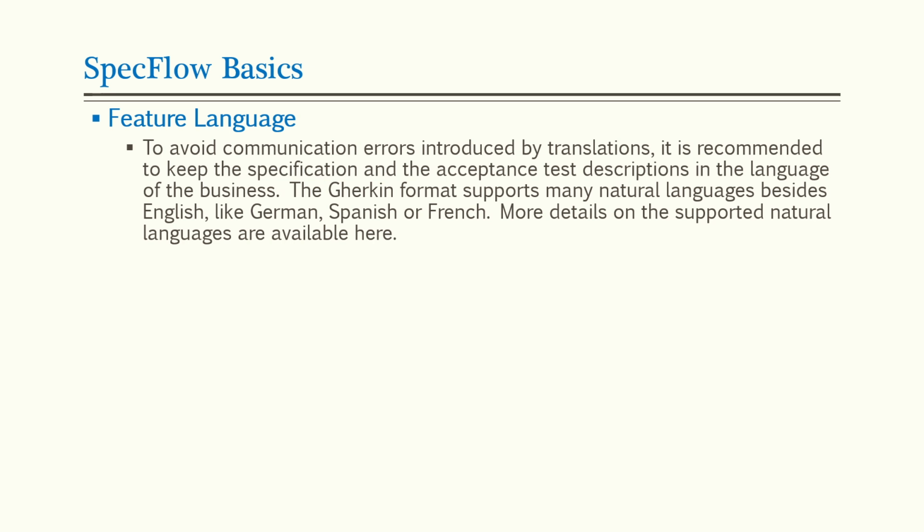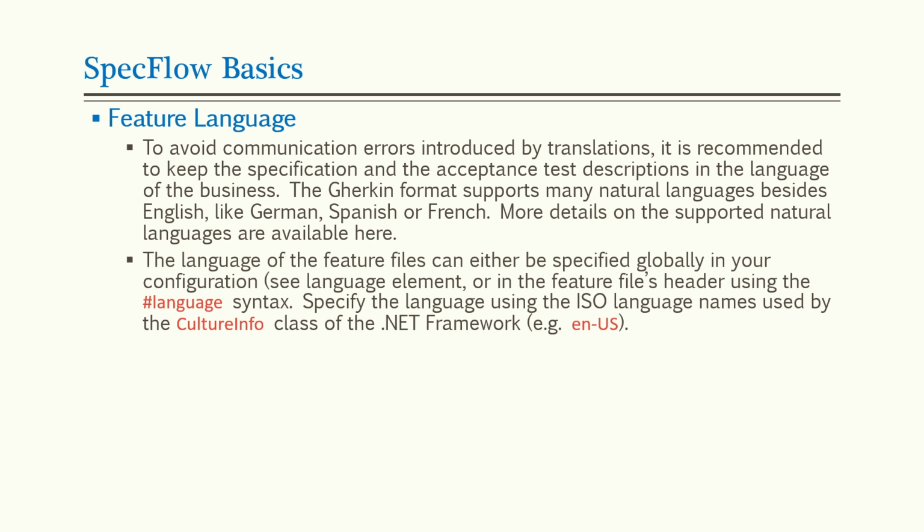Feature language. To avoid communication errors introduced by translation, it is recommended to keep the specification and acceptance test descriptions in the language of the business. The Gherkin format supports many natural languages besides English, like German, Spanish, French. More details on the supported natural languages are available.